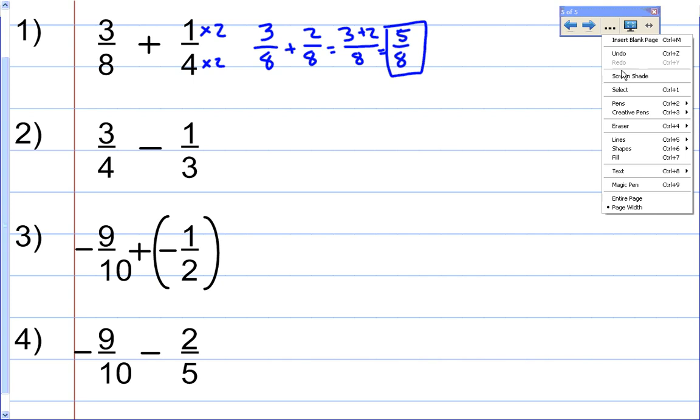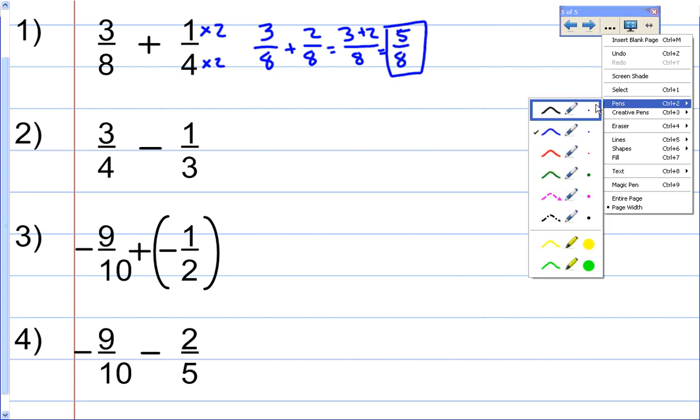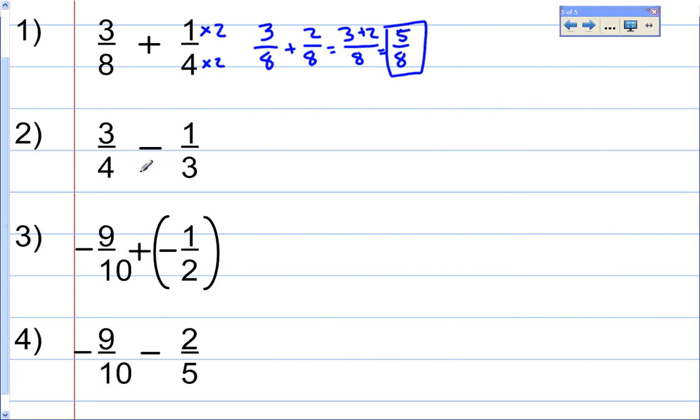Number 2. I have a 4 and a 3. There's nothing I can multiply times 3 to give me 4. All right? So what if I multiply them together? 12. So take this 3, bring it over here. So multiply top and bottom by 3. Bring this 4 over here.